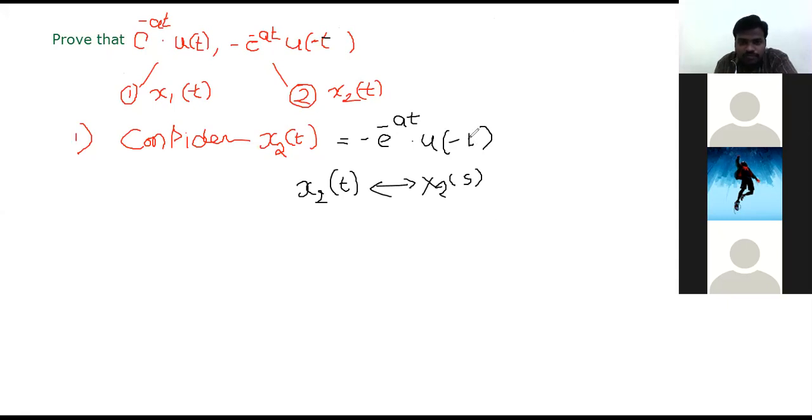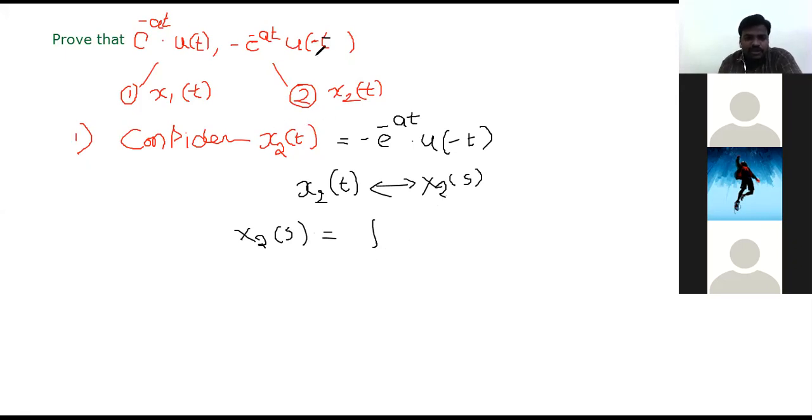So this is the case. Now, as per the definition of the Laplace transform, x2 of s is equal to the integral, directly I am writing. You need to remember the basic definition: the integration is defined from minus infinity to plus infinity, x of t into e power minus st. But instead of writing that entire thing again, I am directly substituting x2 of t here.